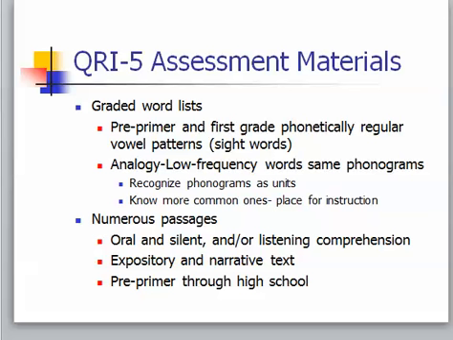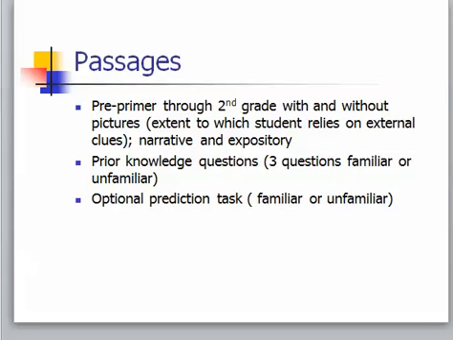Once you find their instructional narrative passage level, find an expository on that same level, and you must administer it to the students to determine if that is their instructional level as well. There are leveled passages pre-primer through high school. The passages pre-primer through second come with and without pictures.